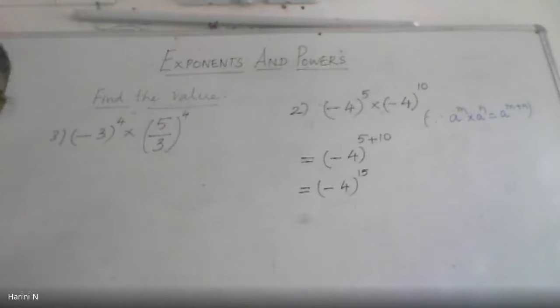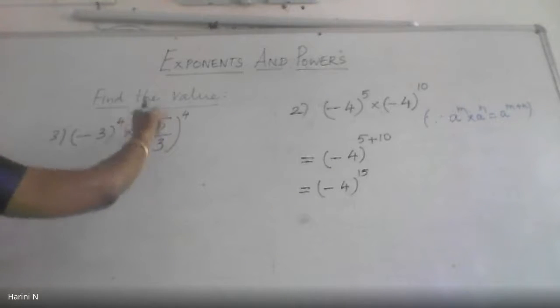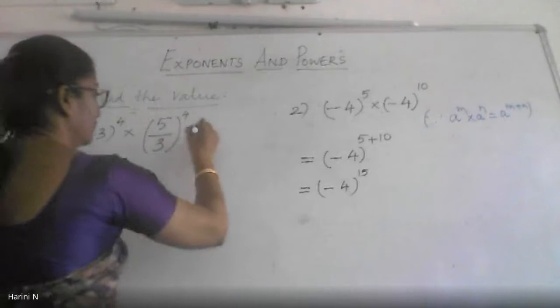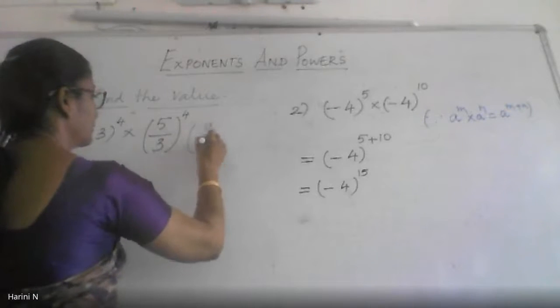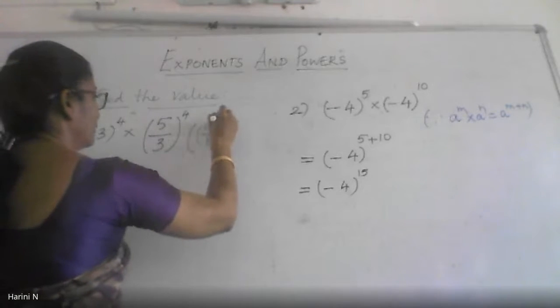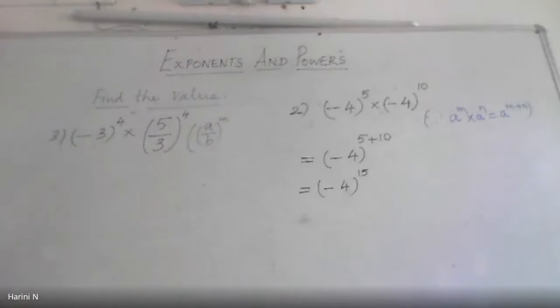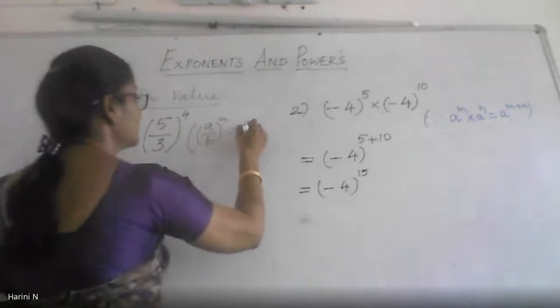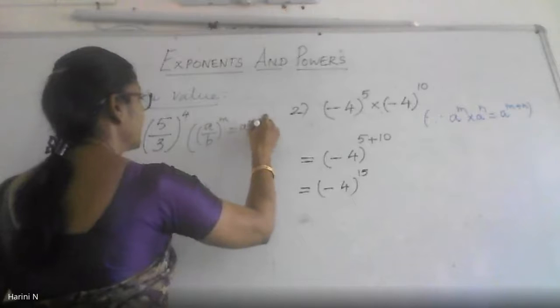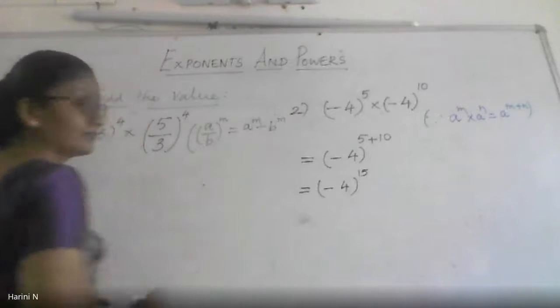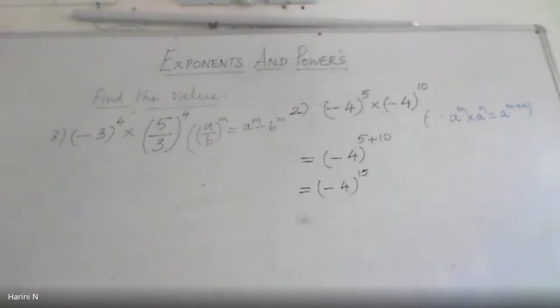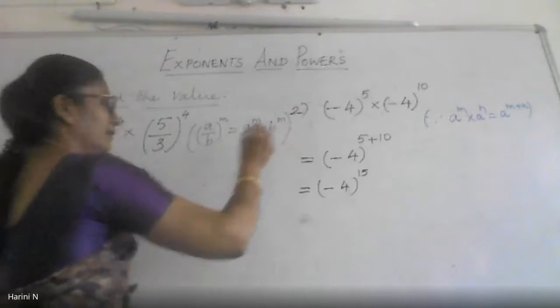Which law are you seeing here? A by b to the power m can be written as a to the power m divided by b to the power m. Correct? This is which law? The sixth one.